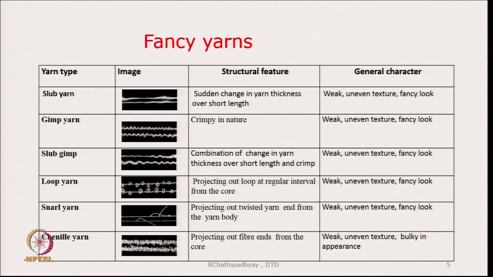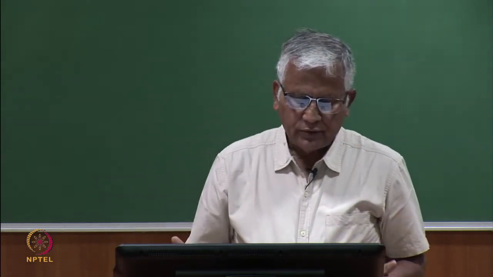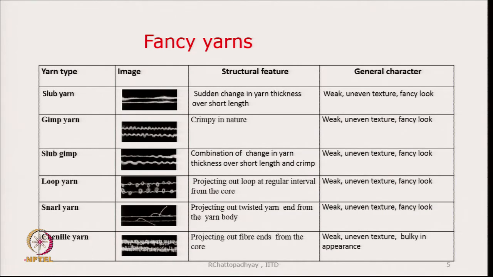Fancy basically means they are going to affect the aesthetic aspect of the fabric. So, when we want to enhance the aesthetic aspect of a fabric or a garment, then these are the yarns to be used. There are so many types of fancy yarns which are also available.